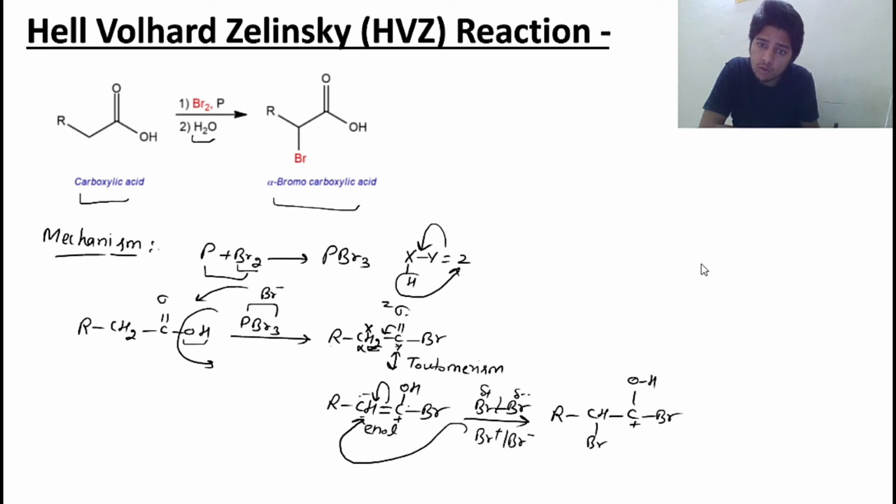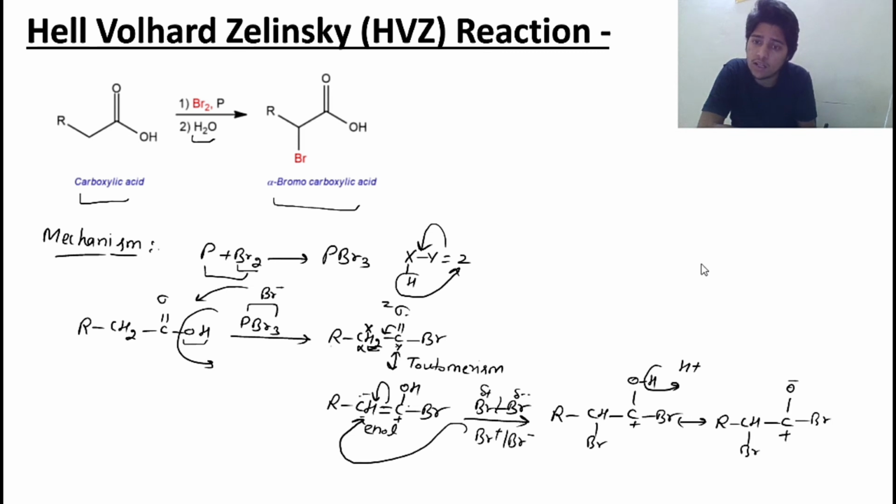Now the carbon has a positive charge and wants to eliminate it. The oxygen will lose this hydrogen, because H plus can easily depart. Then we get RCH with bromine, the carbon plus with bromine, and O minus.